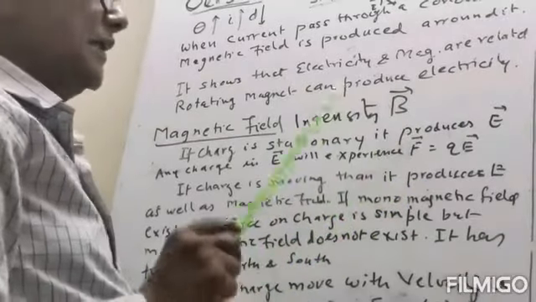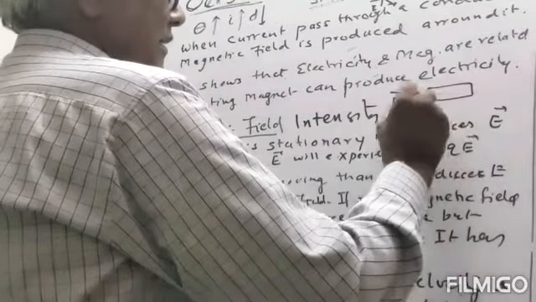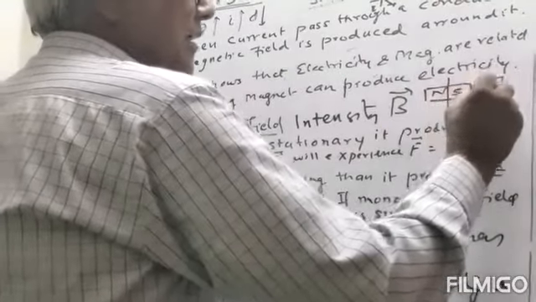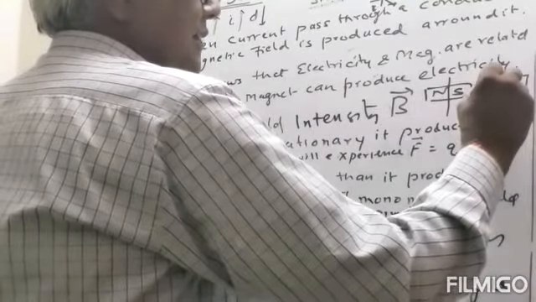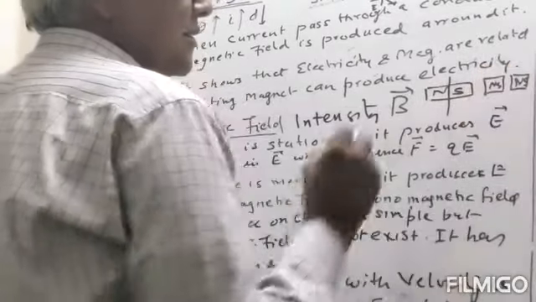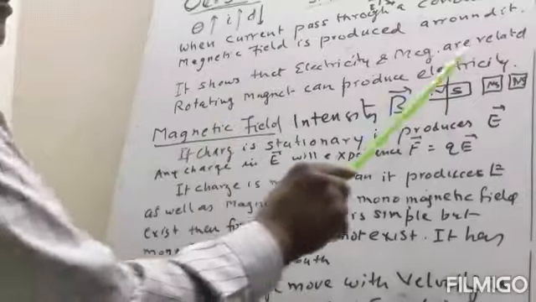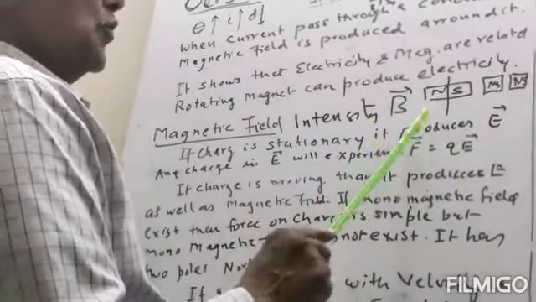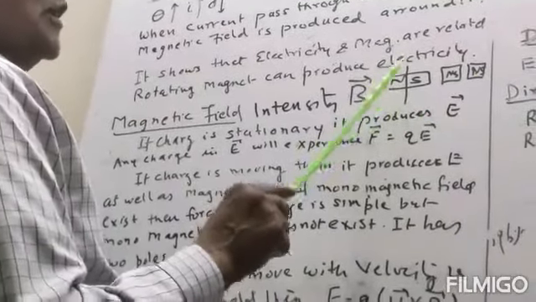If we cut the magnet in two parts, suppose this is one magnet, N and S, I cut in two parts, then it will be N, S, N, S. So both parts will be magnets and both will have a north pole and a south pole. So we cannot separate the north pole and south pole.